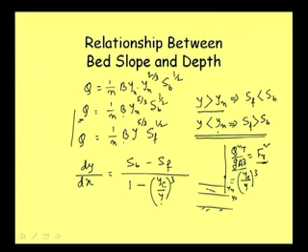Now, if something is here in zone 2, then the depth of flow is less than yn. Depth of flow less than yn means SF is greater than SB.